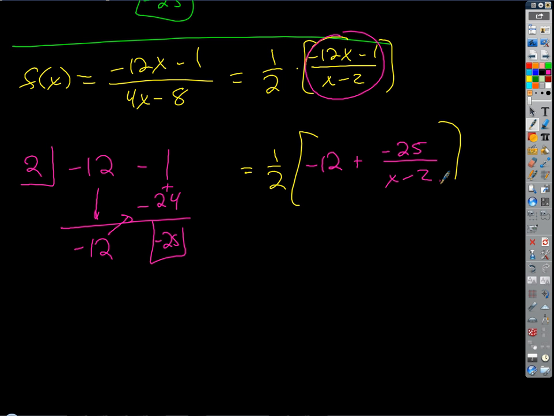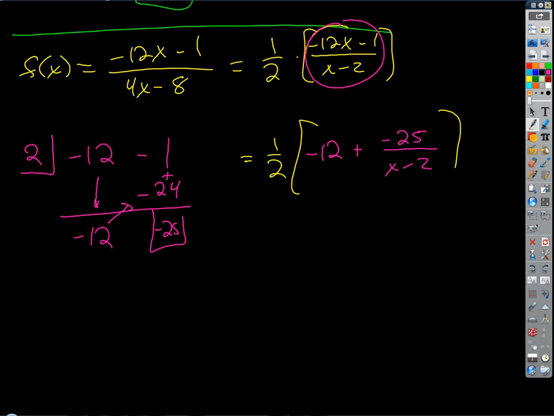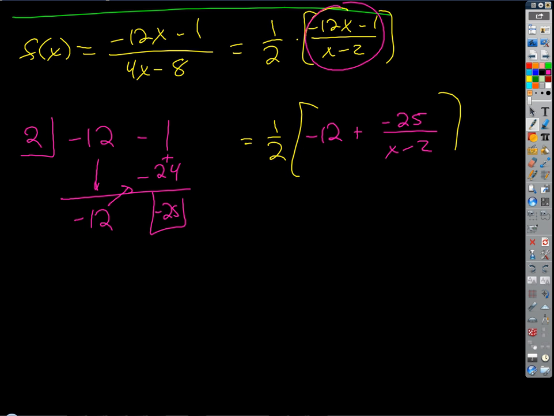So then let's flip that around. Actually, let's go ahead and distribute the 1/2. If I distribute the 1/2 through, what's that give us? 1/2 times negative 12 is negative 6. And then 1/2 times this is negative 25 over 2 times x minus 2.